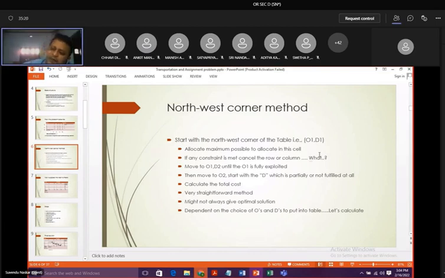So I have made the constraint for origin O1 and distribution center D1. Now what is my next cell? O2 D1. How much can I allocate here?